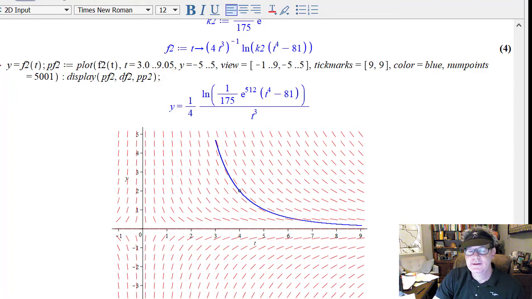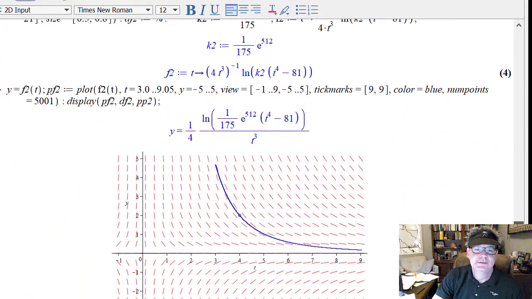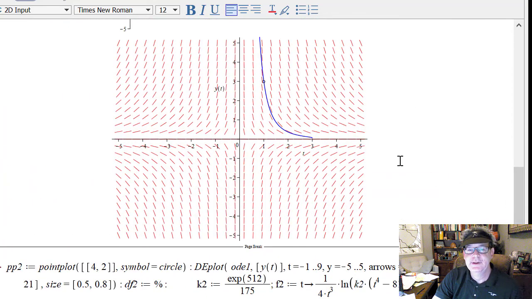So we had to delve deeper and use some analytical techniques to figure out what's going on and see that we actually do go to negative infinity. It doesn't look like we would, but it does happen. So bravo for us.